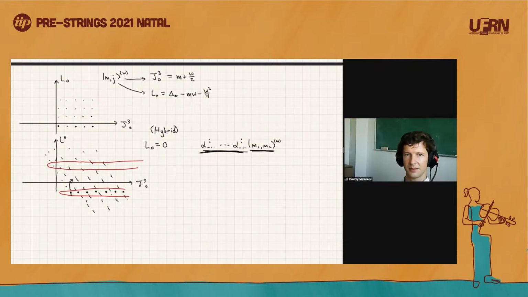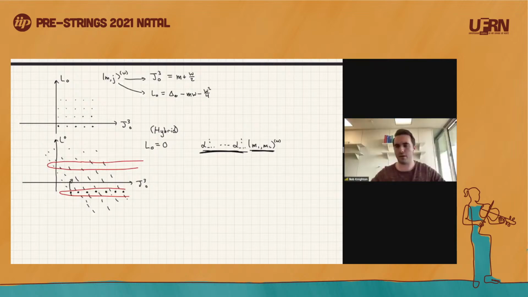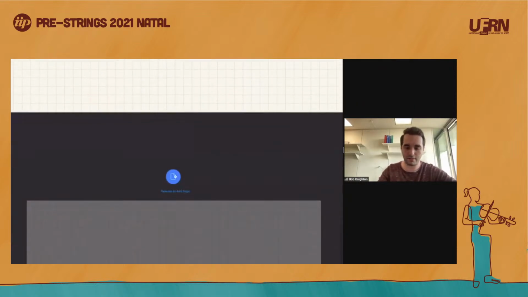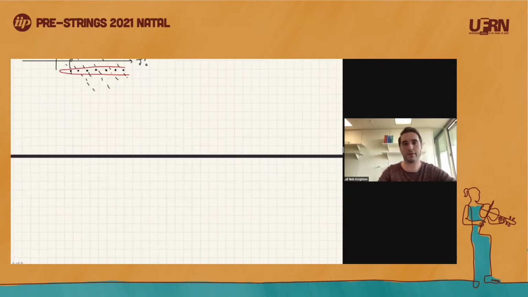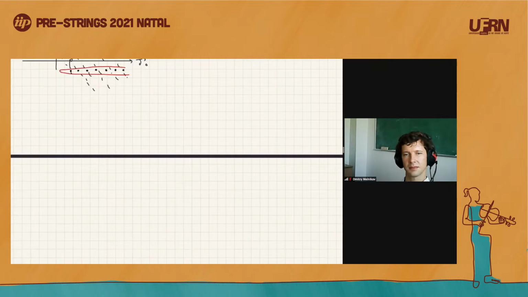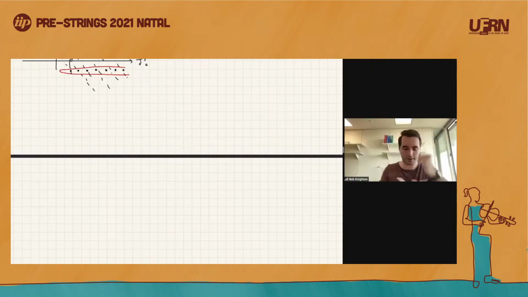Okay, I think I actually know where this is going. Whenever you implement, say, the diffeomorphism constraint on the world sheet, so let's say you have diffeomorphism invariance on the world sheet, and then you try to gauge fix it, you end up with some ghosts, maybe like a BC ghost system.